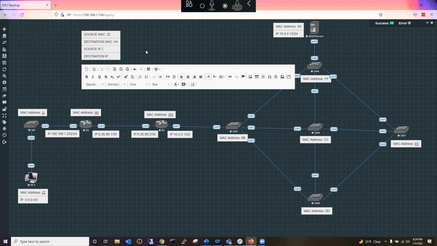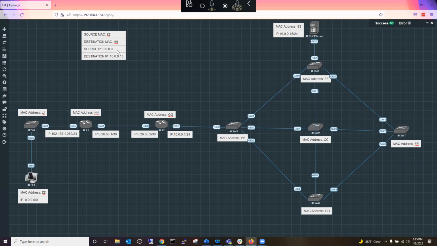The source IP is 0.0.0.0, and the destination IP is going to be, I'm assuming from what we just talked about, the helper IP, which would be the DHCP IP address, 10.0.0.15. Nice. Good.